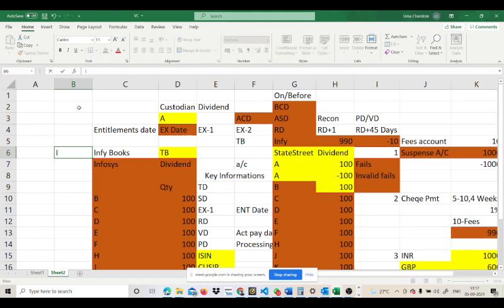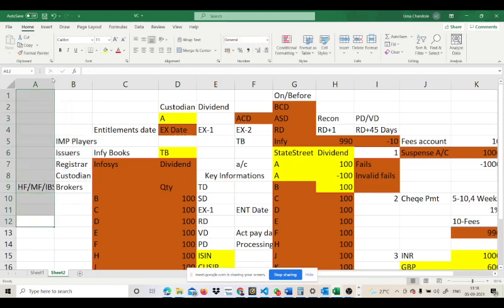For example, the issuer, then the registrar, then your custodian, then the other brokers, prime or hedge fund, maybe mutual fund, maybe IBs, investment banks, if they want to make the trades they can.